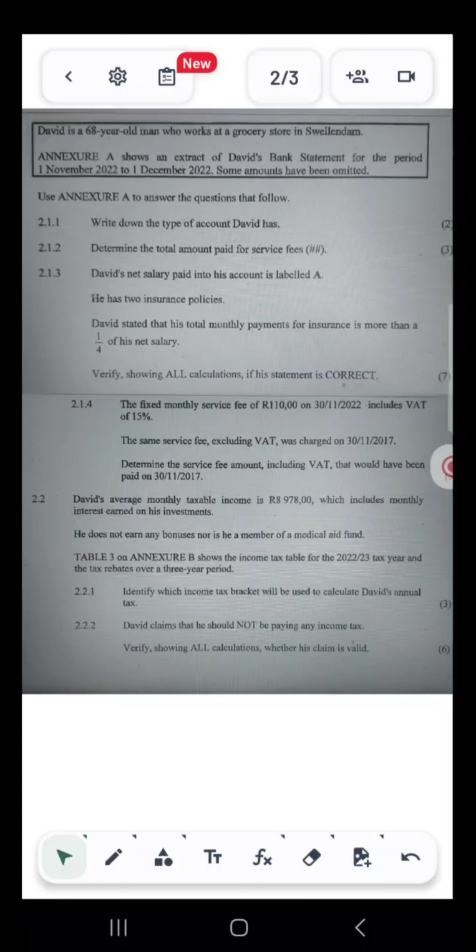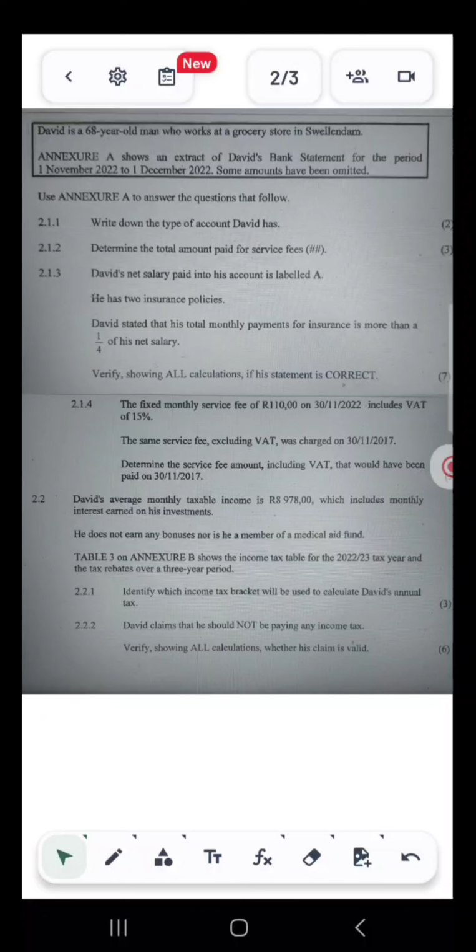So let's do a quick study of question 2.1. It says, David is a 68-year-old man who works at a grocery store in Swellendam. Annexure A shows an extract of David's bank statement for the period 1 November 2022 to 1 December 2022.